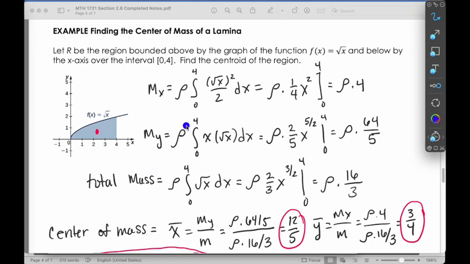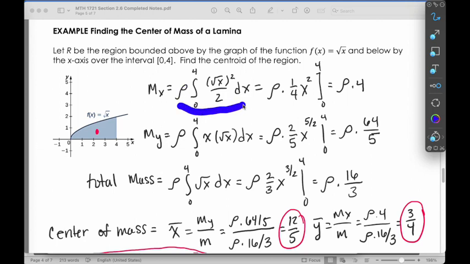Now, according to the formula above, to find the Mx, we take our function and we square it, and we divide by 2, and then we integrate that over the interval that we're interested in and multiply it by our density. Now, the problem doesn't tell us what the density is, but you'll see here in a little bit that that's not going to matter.